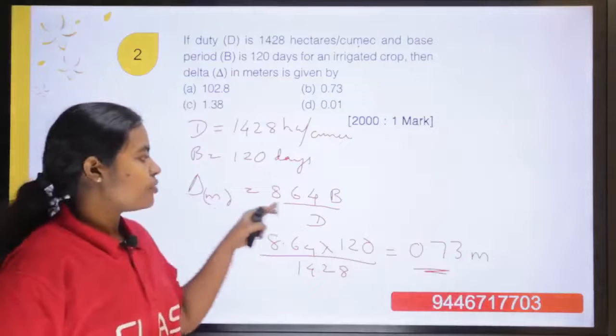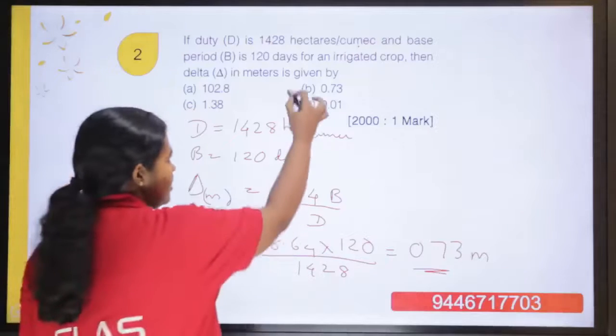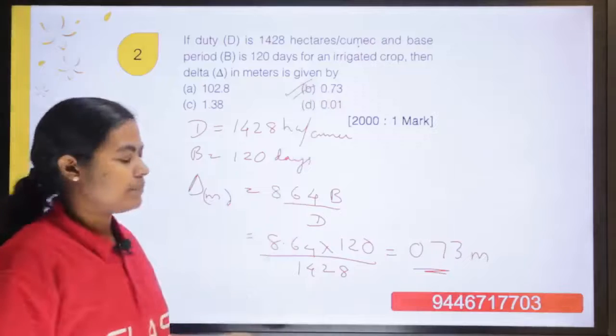The answer will come out to be 0.73 meters. So answer will be B.